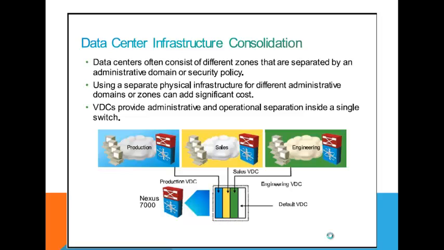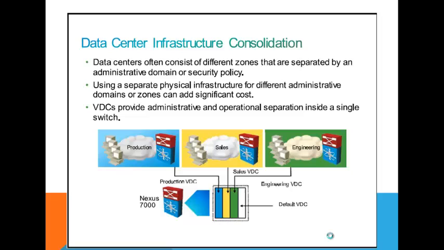That's what this diagram, this picture explains to us. Here we see there are 3 zones needed. There are 3 departments: sales, production and engineering. So what we do is we create 3 VDCs. And these 3 VDCs are totally different. That's what the coloring tells us. Now there is also one more VDC called the default VDC.